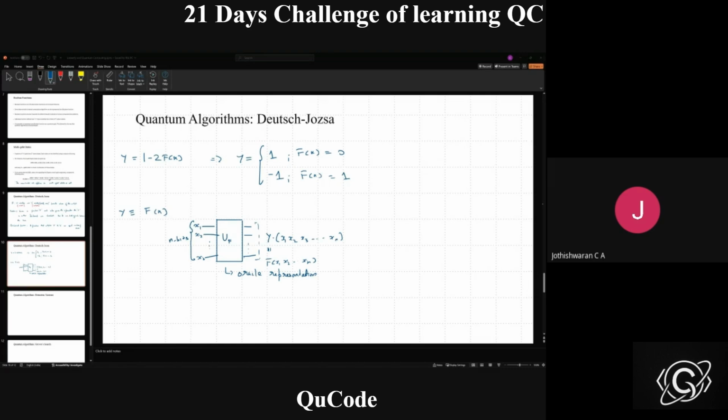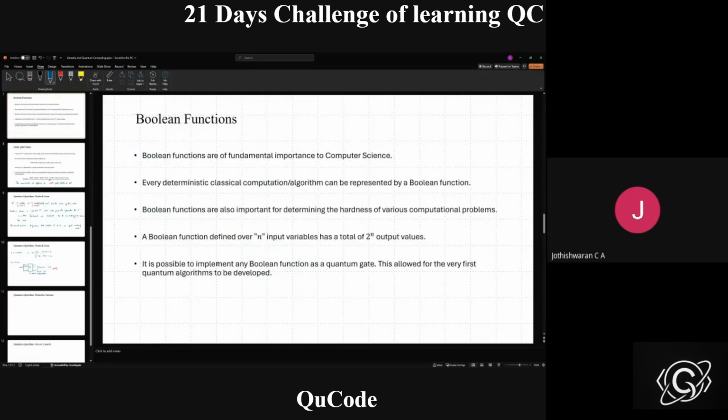Now, what happens when I move from this to the quantum side? Yes, I shouldn't have written UF here. I will write F here. So this is the oracle representation of F. Now remember, I've said that it is possible to implement a Boolean function as a quantum gate.